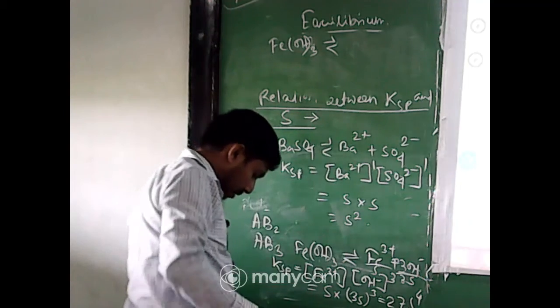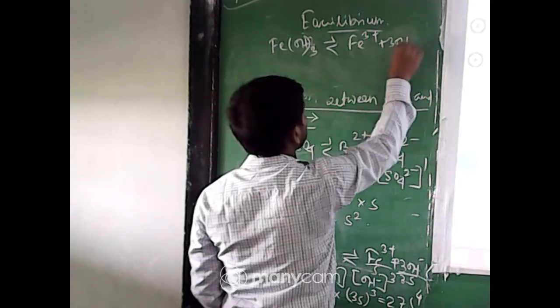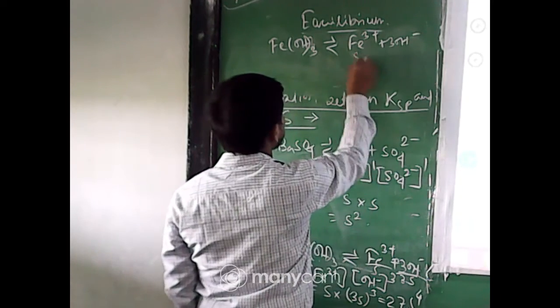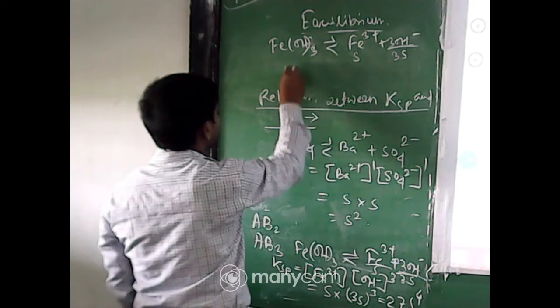So for AB3 type, that is for iron hydroxide, it is Fe3+ and 3OH minus. We have assumed that the solubility is S, so the hydroxyl concentration becomes 3S, because 3 moles of hydroxyl ion are produced.